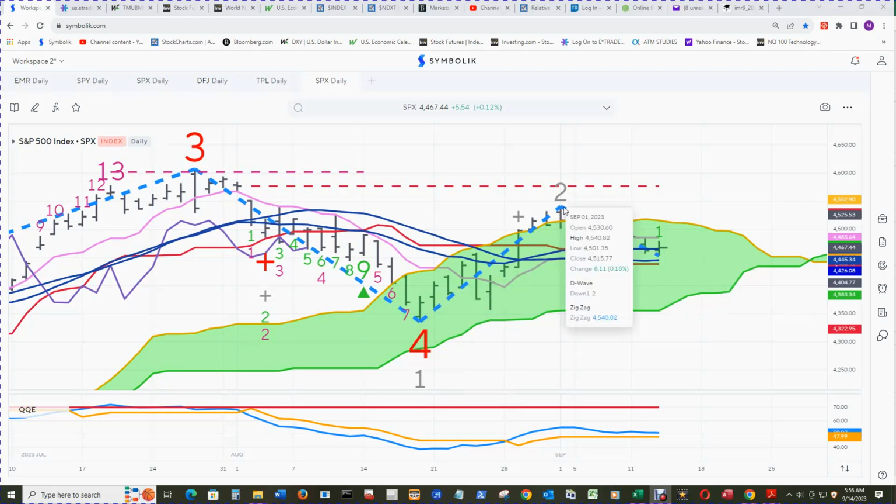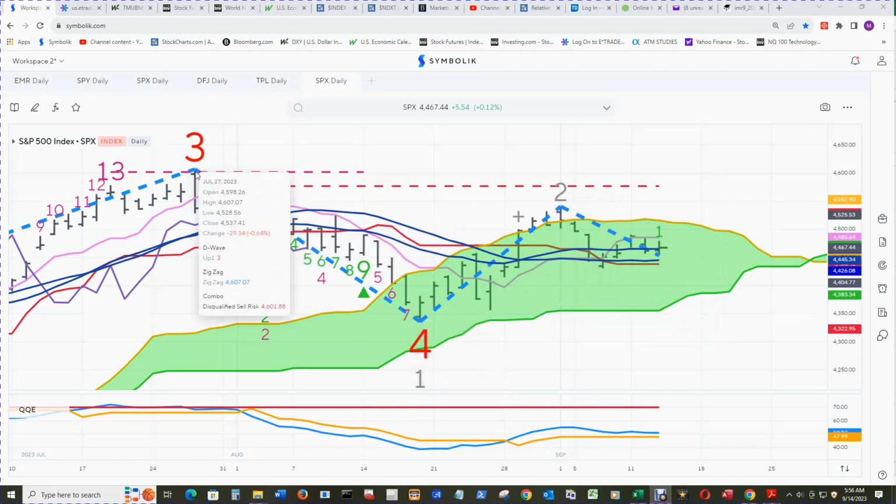But for a while, I believe that this zigzag pattern will be following the D wave downs here, because it's not going to change to the up wave like it did here until it surpasses this high over here.